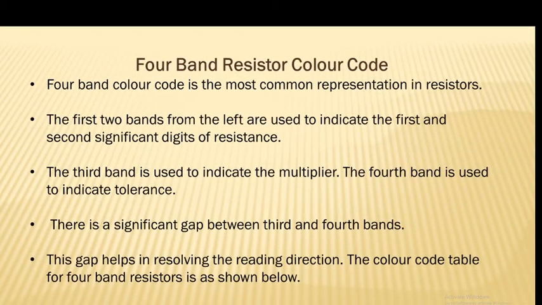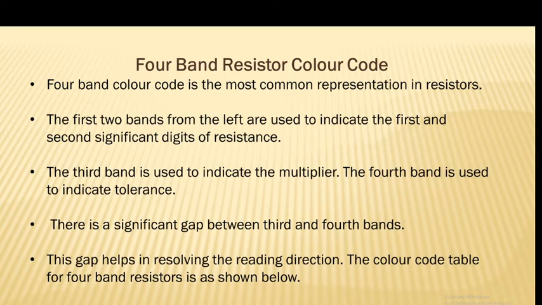Sometimes the resistor has 4 color bands, and this is the most common representation in resistors. These bands always start from the left side towards the right side. The first two color bands indicate the first and second significant digits of resistance.